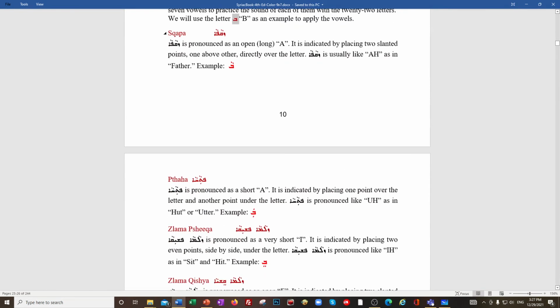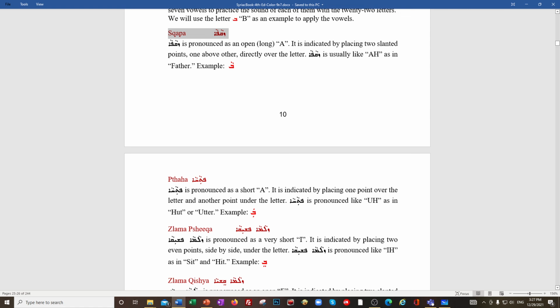The first one is Sqapa. That's the name of the vowel, and it's pronounced like a long A. It is indicated by placing 2 slanted points, one above the other, directly over the letter.